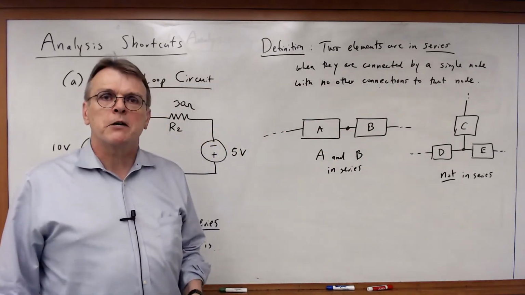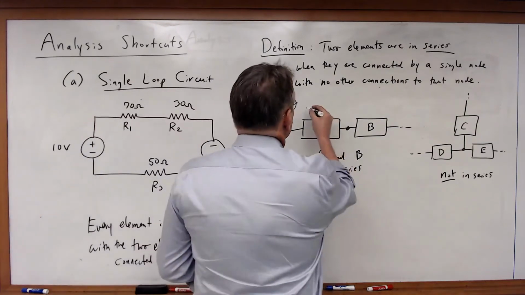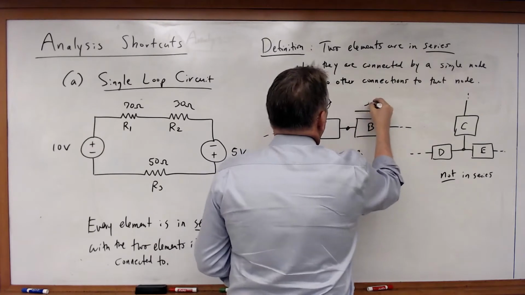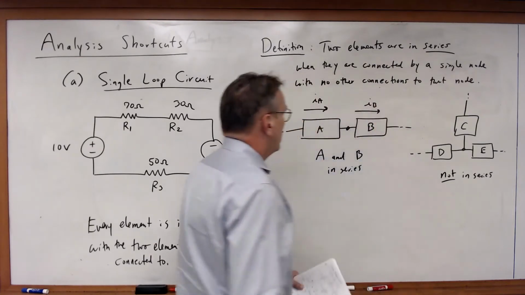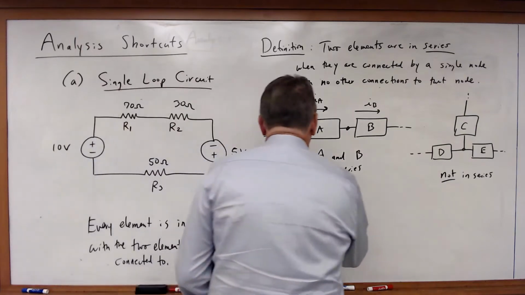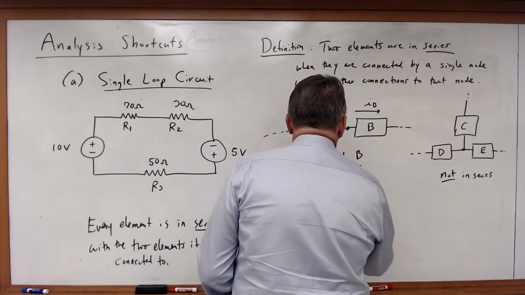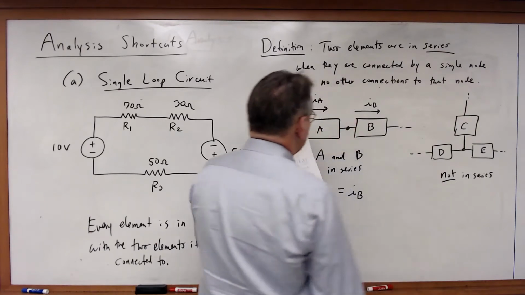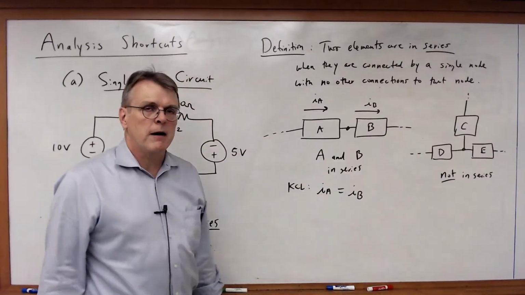So what are the implications for that? Well, let's define a couple of currents. Call this IA, call this IB. KCL holds at that node. And KCL tells me that IA is equal to IB. What goes in must come out.